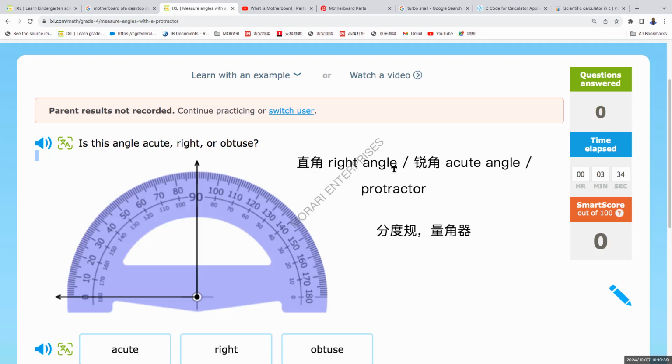And then you have obtuse angle. Obtuse. The angle is obtuse.